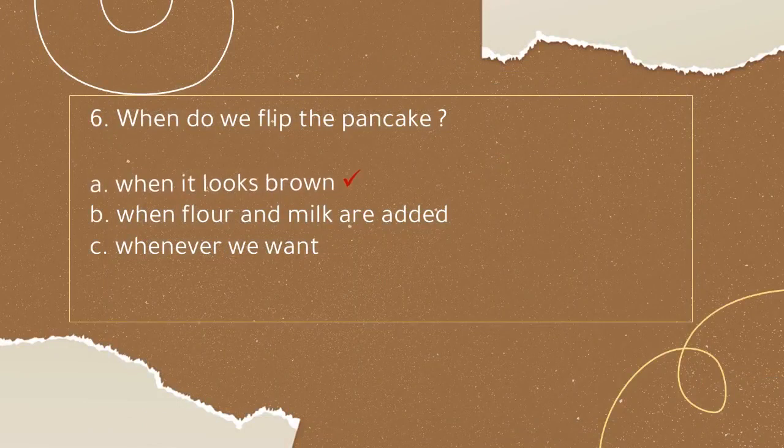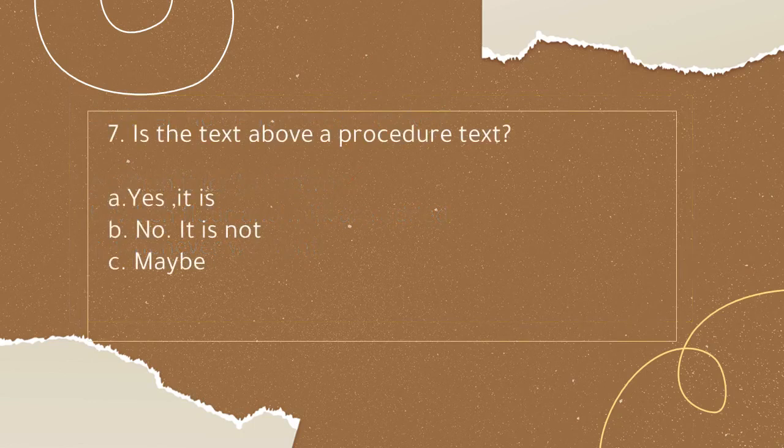So the answer is A, when it looks brown. For the last question, is the text above a procedure text? What do you think, guys? A, yes, it is. B, no, it's not. Or C, maybe. The answer is yes, it is, because the text has the general structure and the language features of procedure text.